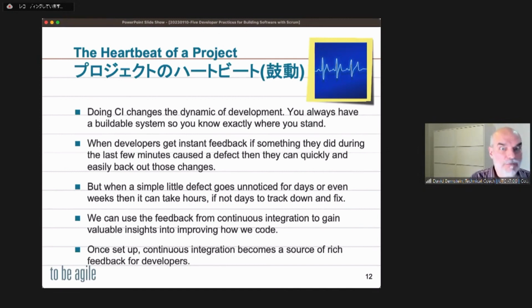We talk about feedback from our customers. We talk about feedback from our product owners. But I think the most valuable form of feedback in Agile for software developers is the feedback from our continuous integration server, because it can tell us if we have trouble very quickly, as long as we write good tests to make that happen.